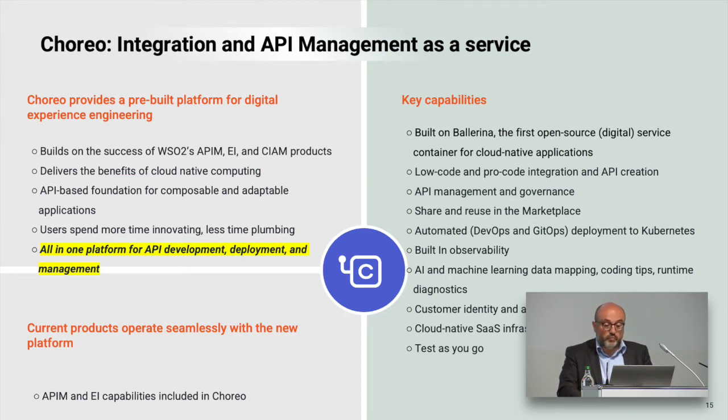You can rely on a shared marketplace to reuse the assets that colleagues develop. And in my opinion, quite interesting, it relies on different AI and machine learning capabilities for data mapping, for example, or coding tips, or runtime diagnostics.